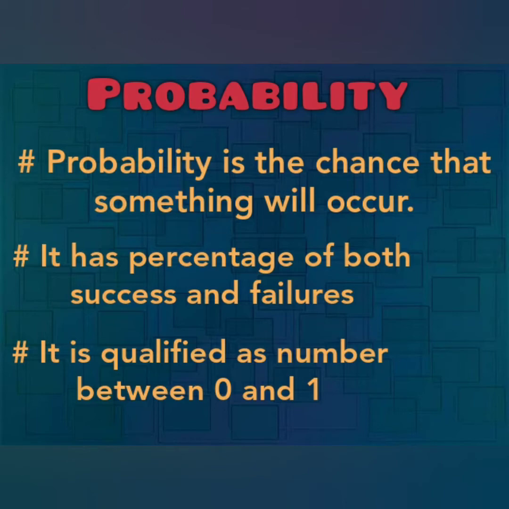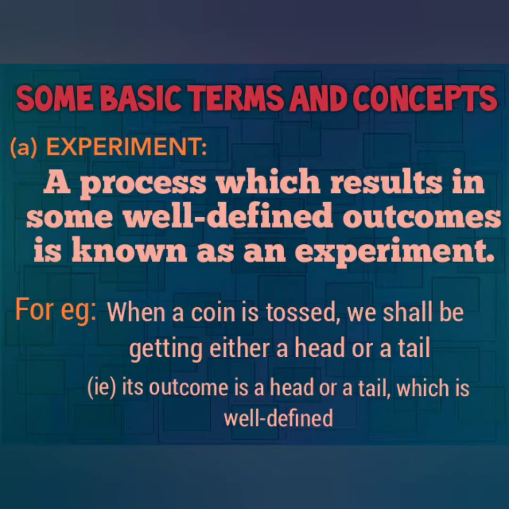Before entering into the probability problems, I just want you to know some basic terms and concepts. The first one is experiment. A process which results in some well-defined outcome is known as an experiment. For example, when a coin is tossed, we shall be getting either a head or a tail.